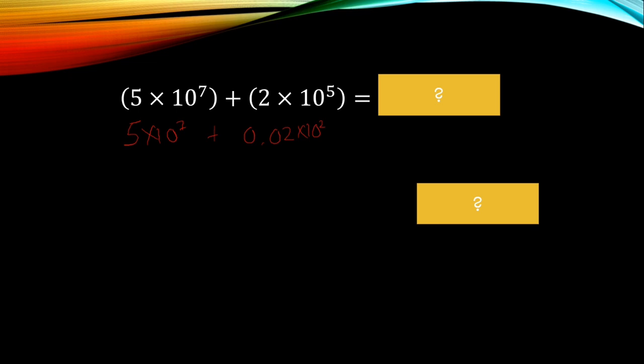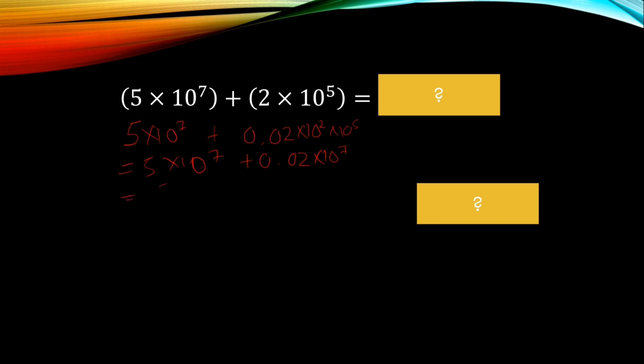This is the same as this, times 10 to the power 5, which would be equal to 5 times 10 to the power 7 plus 0.02 times 10 to the power 7, which is now very easy.